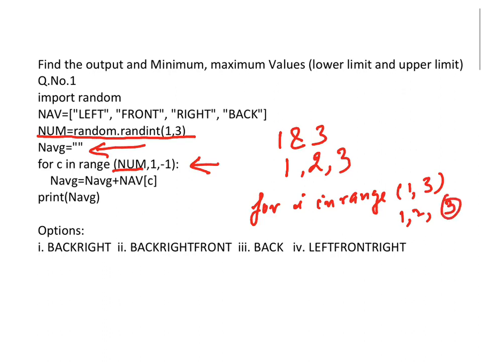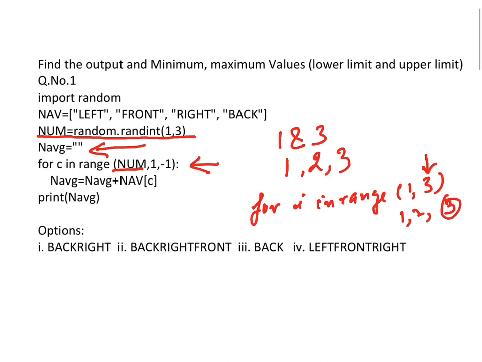It means this loop will be executed 2 times. So it is 1 less than the last value. If it is 1 comma 3, it will go up to 2. It means the addresses will be 1 and 2.